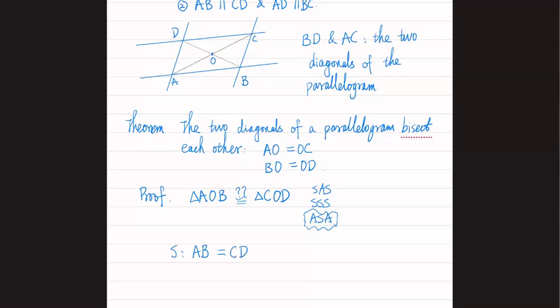Okay, now the two angles. Let me check. Amy, give me the first pair of angles with the same measure in these two triangles. Angle O. There are a lot of angles. Which one is angle O? You mean this angle? Yeah. Okay, we could have angle AOB and angle COD.